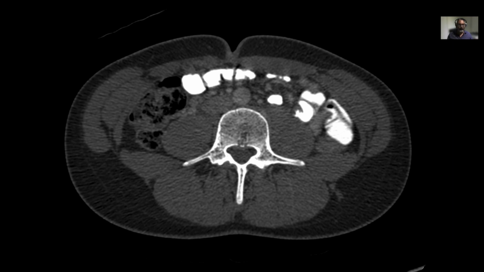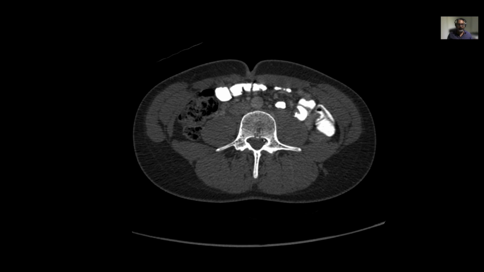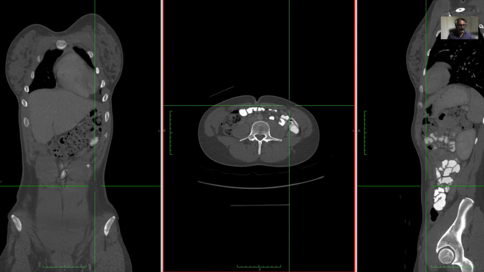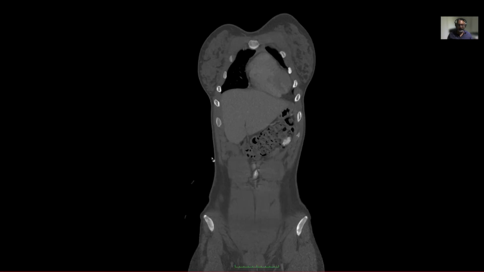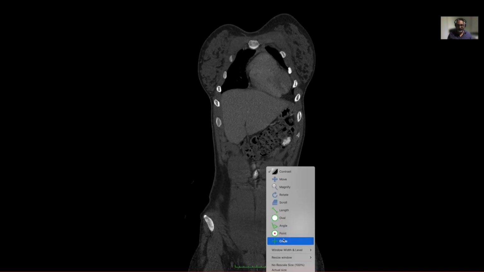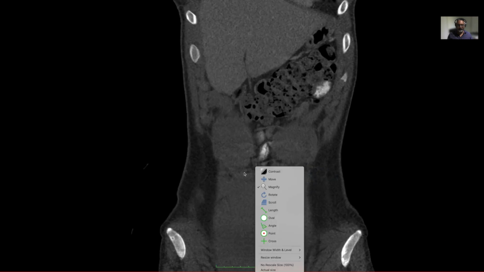Oh yes. And now another important way to look at the thoracolumbar fascia is this way. So let me just make the contrast nicer and magnify this.